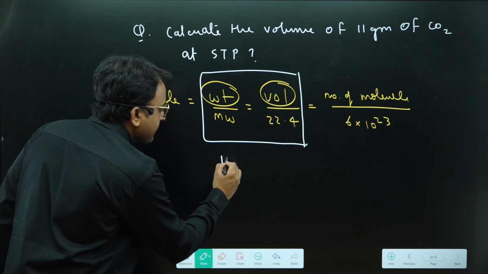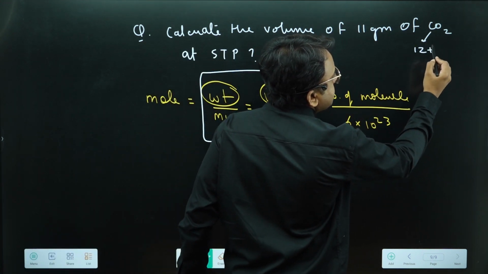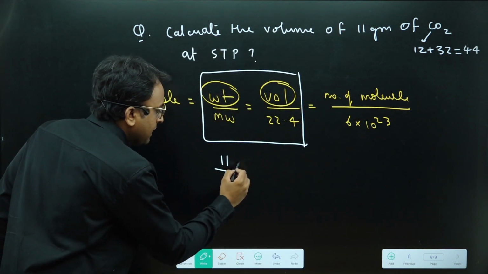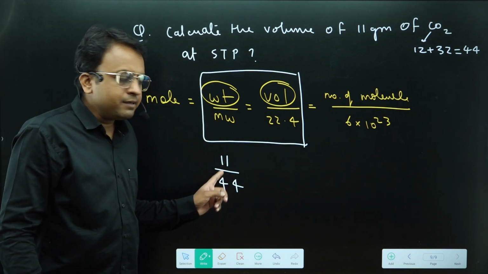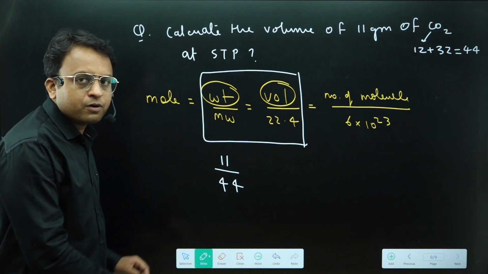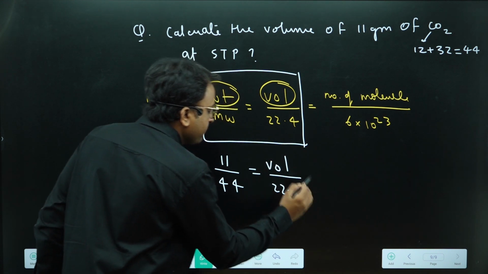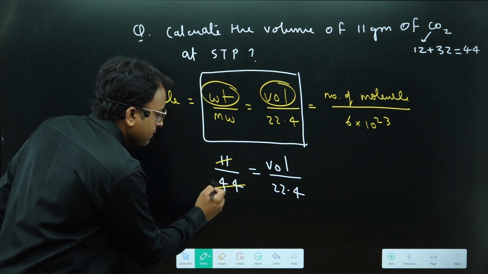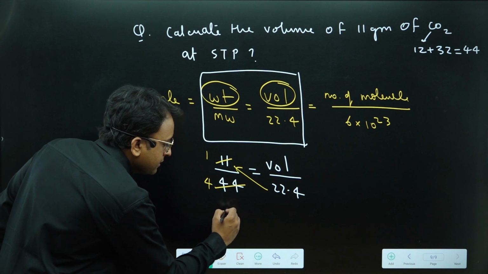Weight is given, that is 11 gram. Molecular weight of CO2 is 12 plus 32, that is equal to 44. So 11 by 44, that is equal to volume divided by 22.4. 1 and 4, multiply 22.4 here.